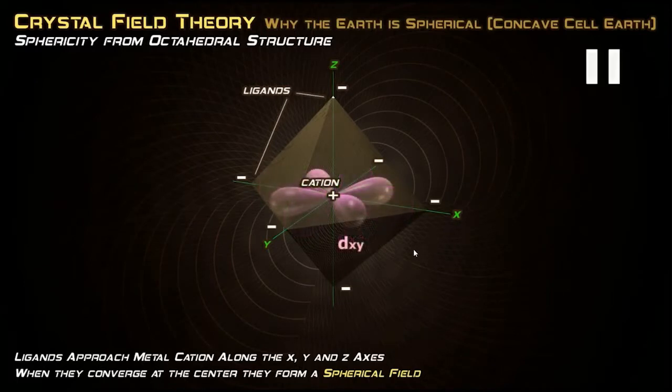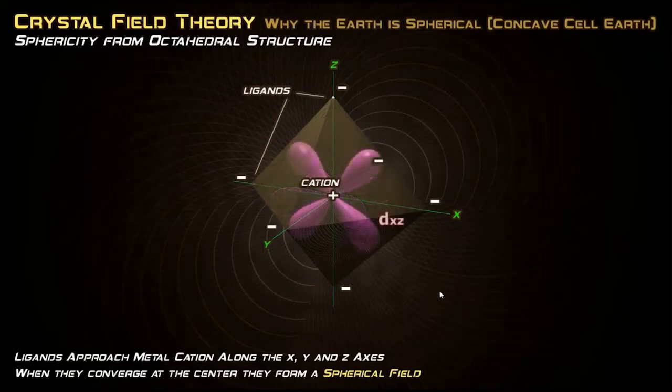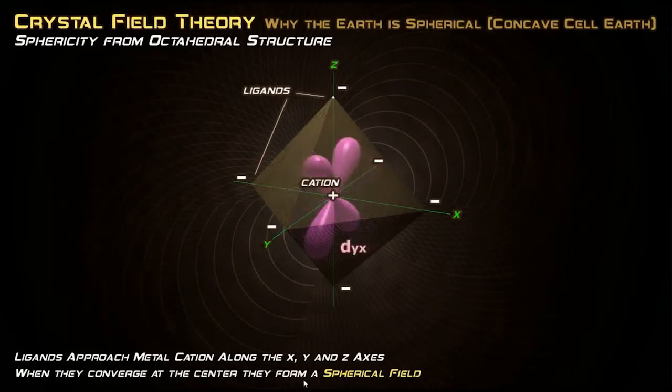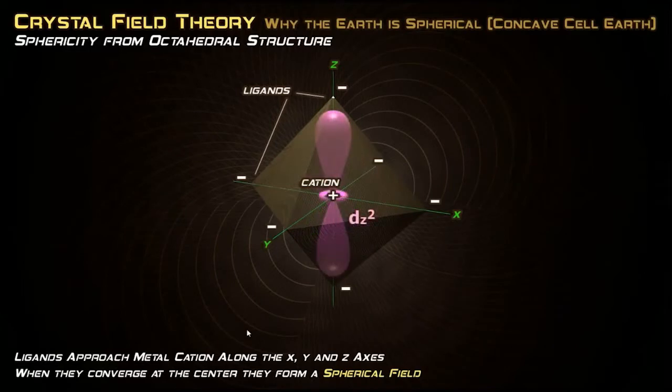This is the dxy orbital, but these orbitals are not aligned with the ligands, so they're going halfway between the ligands. And then you have the dxz orbital, and finally the dyz orbital, like that. But going back to the initial orbital, that actually is distinct from all the other orbitals because it has a toroidal shape in the center there.